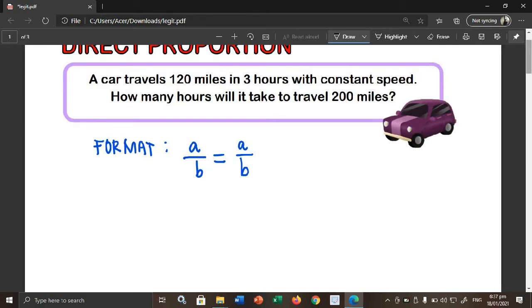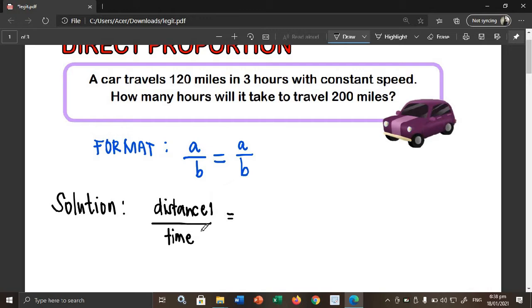So, when we solve this problem, let's say this is our solution, we write our given in ratio, in fraction notation specifically. Let's say our A, the first classification of our given, is the distance, the miles he drives, over the time, the hours, equals distance number 1 over time number 1.